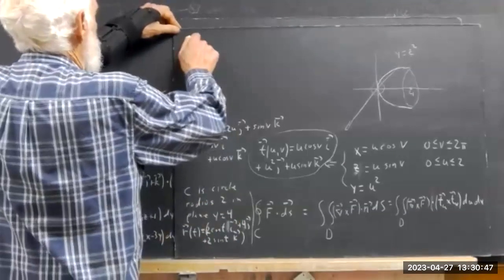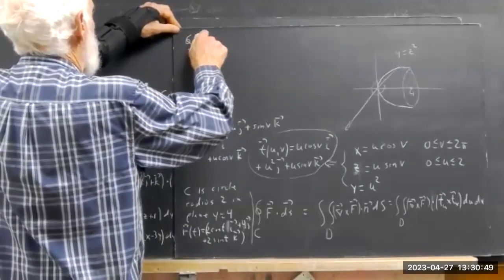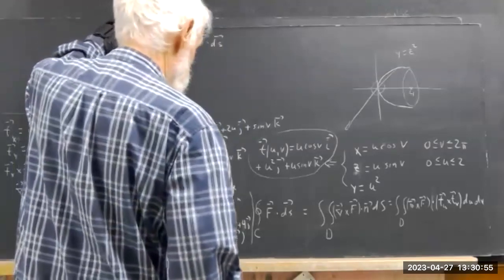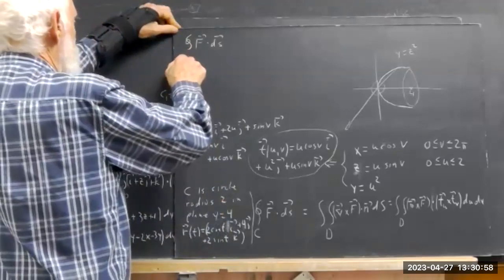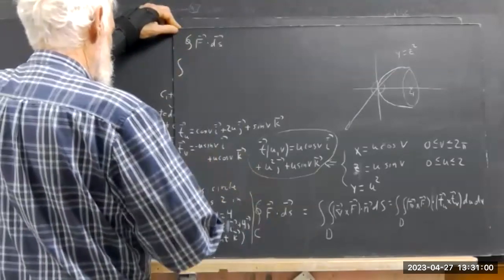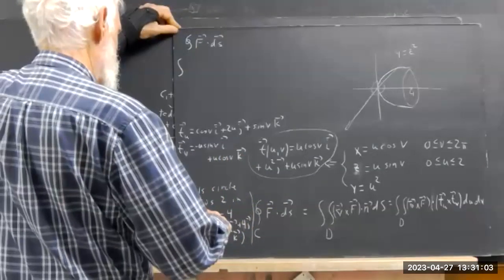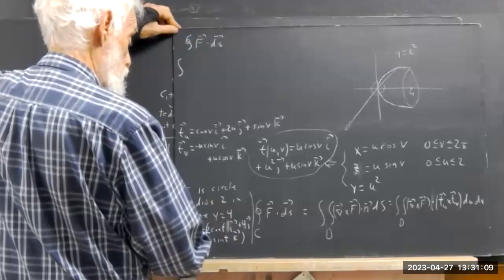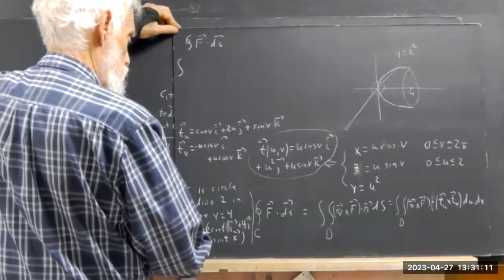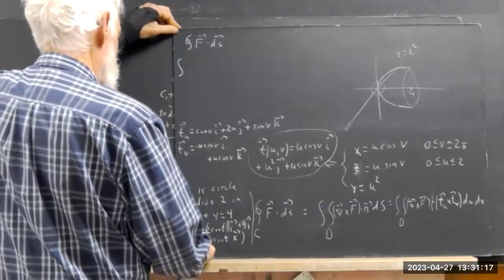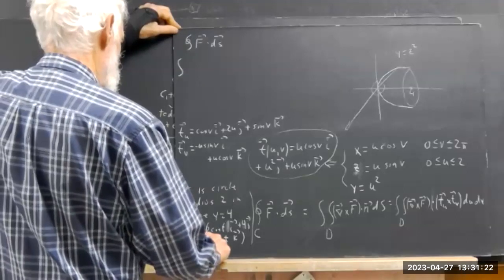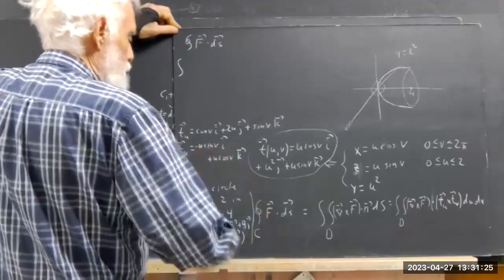Okay, the integral of F dot dS becomes the integral from, I don't think I wrote my limits on T. But anyhow, yeah, it's a circle.